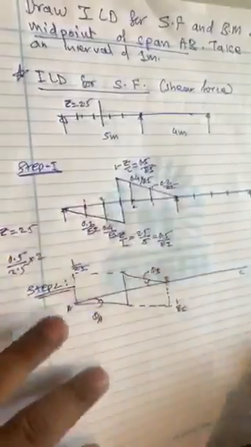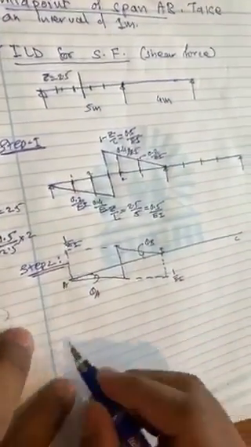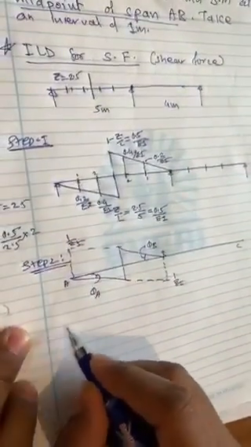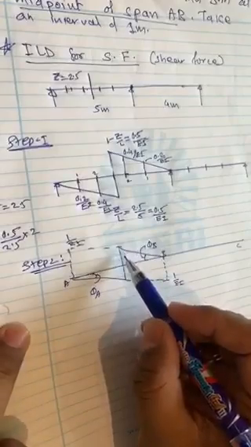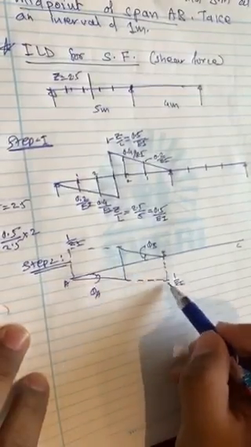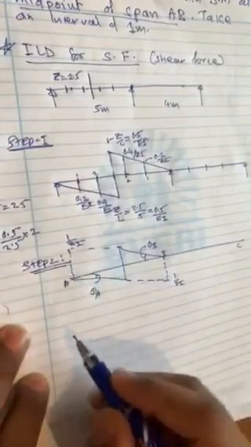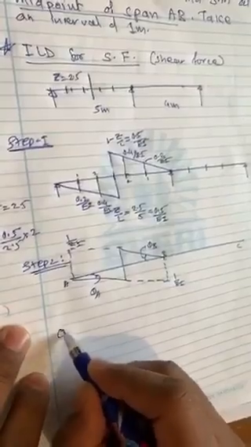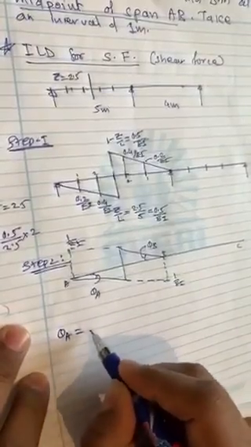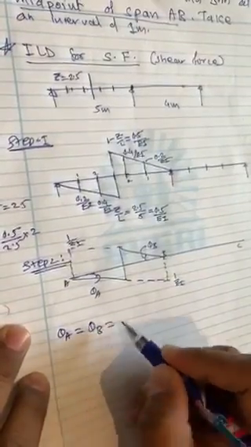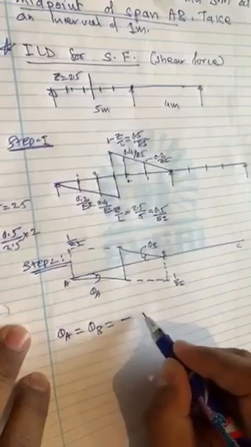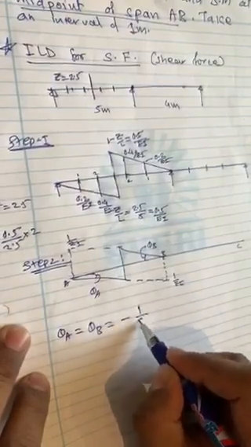So you can see this theta A and theta B both are going clockwise, that's why they will be negative. And as it has the final 1 by EI and 1 by EI, both theta A and theta B are the same. So theta A is equal to theta B is equal to minus 1 by EI.